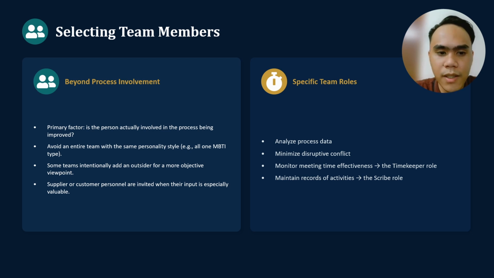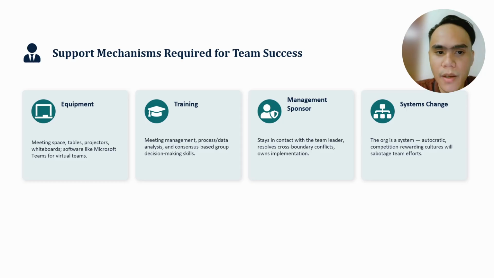Two of these get formally named roles: the timekeeper, who monitors meeting time effectiveness, and the scribe, who maintains the records of the activities. Assigning these roles explicitly, rather than leaving it to chance, is a small choice that meaningfully improves how a team functions meeting to meeting.